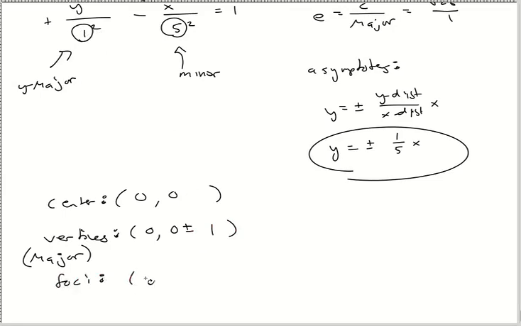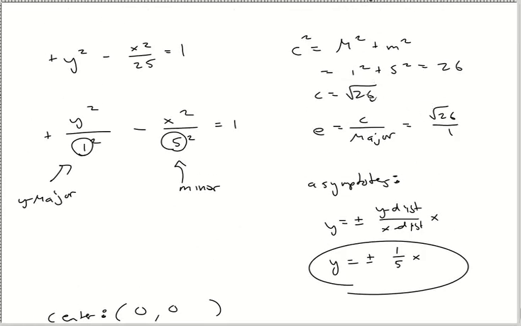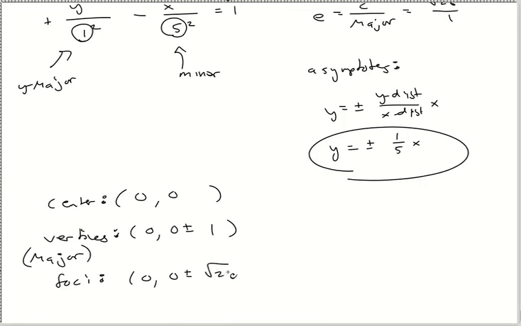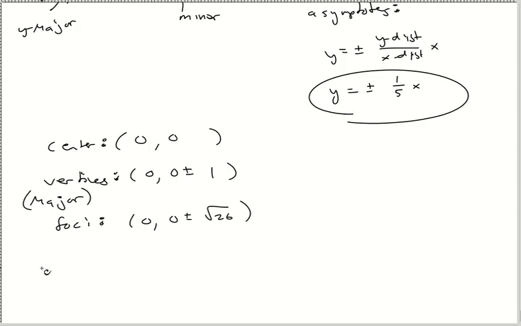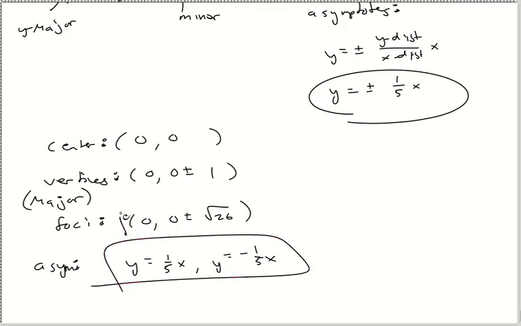Foci are also along the major axis, but now my C is a square root of 26. And then my asymptotes, is that good enough? There. Asymptote, which would be y equals a 1/5 x, comma, y equals a negative 1/5 x. But we had already found that earlier.